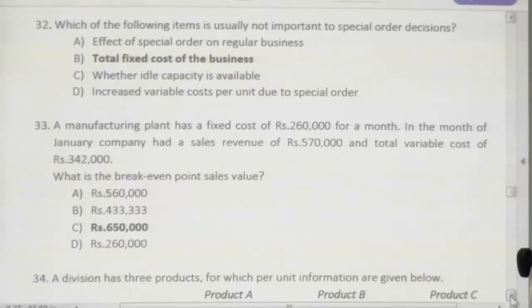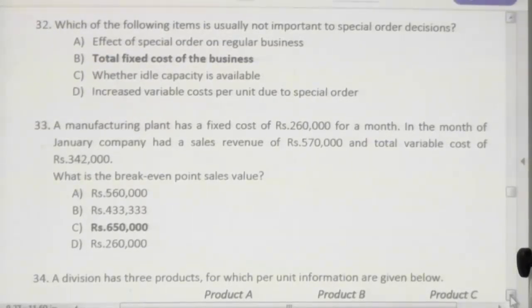Rental is 10,000. Even if you welcome additional persons to the room, your rental remains at 10,000. But if you want to increase, you have to have an additional room. Then your fixed cost will increase. Therefore, within the capacity, to accept a new order, fixed cost is not a relevant cost.